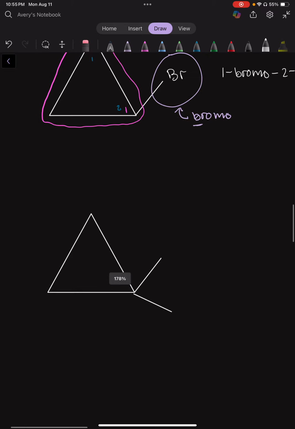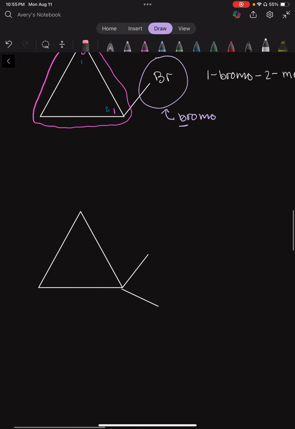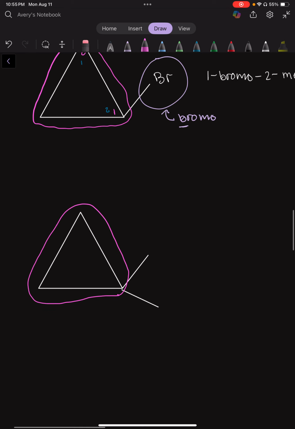And our fourth and final one is going to be this one. Again, longest uninterrupted chain of carbons is this nice big triangle. This is our parent. We know that this is our cycloprop. So now we circle our branches. We have one here. And let's not forget our bromine.